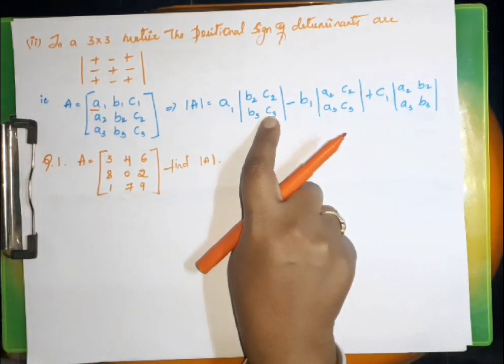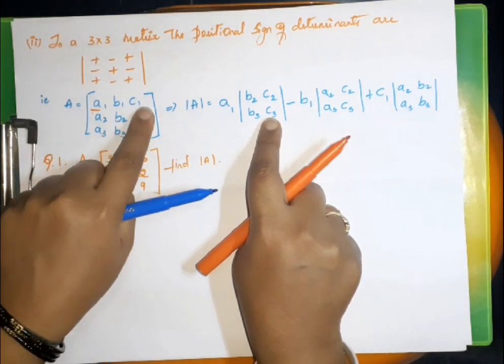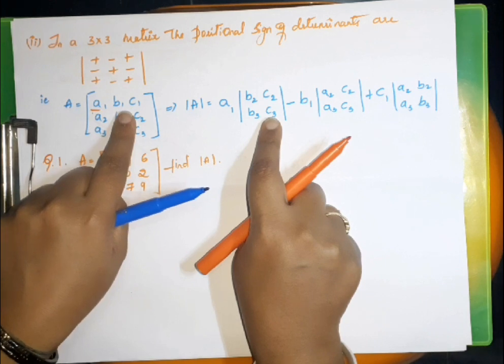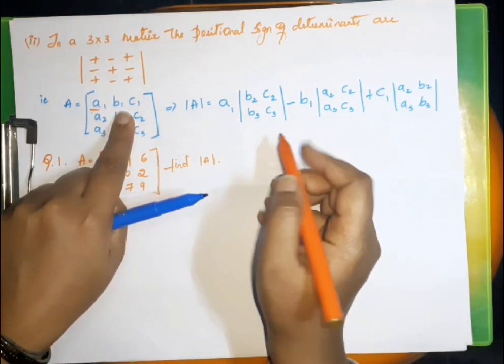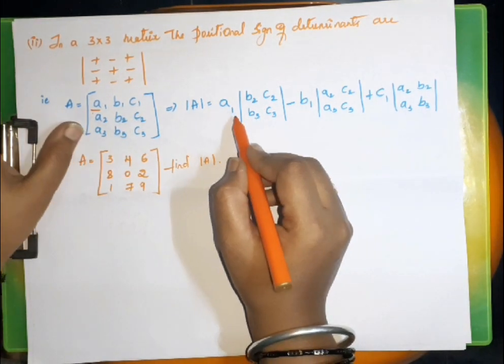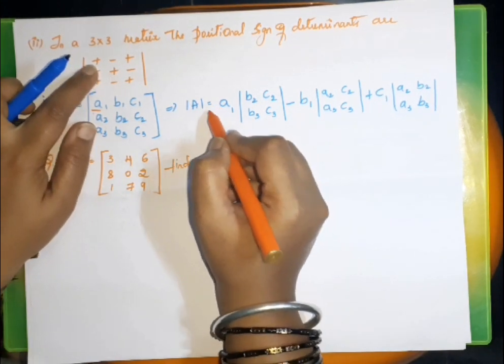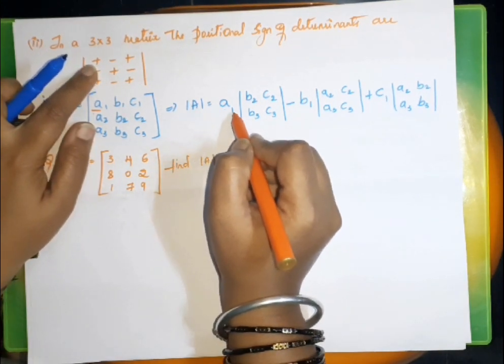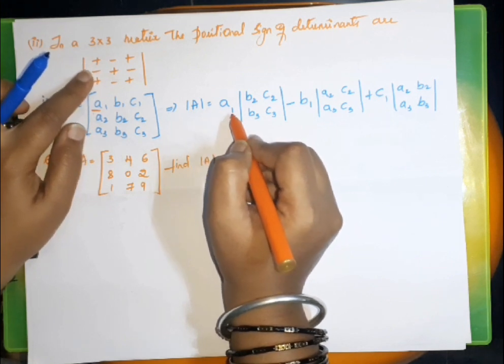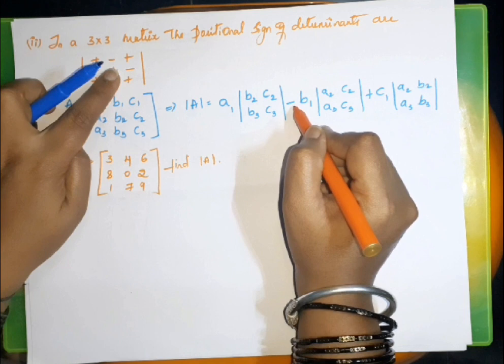The signs of the determinant are plus, minus, plus, as we are considering the first row when the order is 3 into 3. For A1, the sign should be positive, so we are not writing the plus sign; it is understood. For the second element, B1, we use the negative sign.